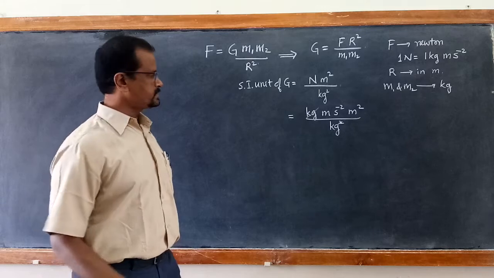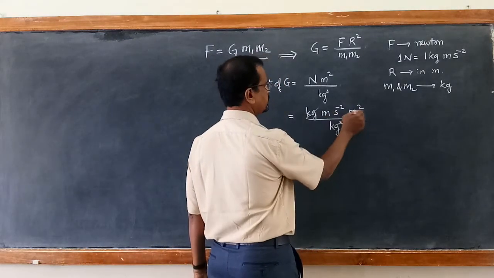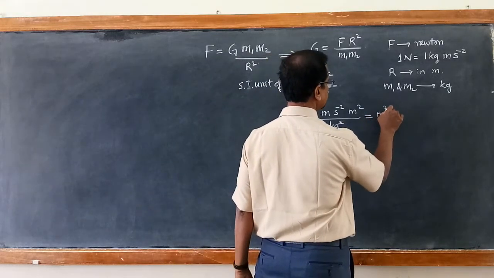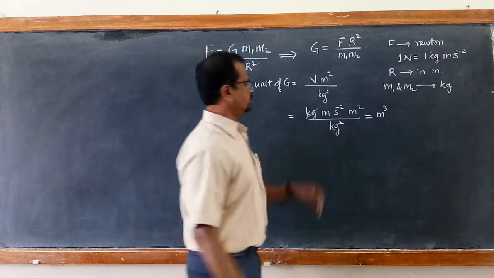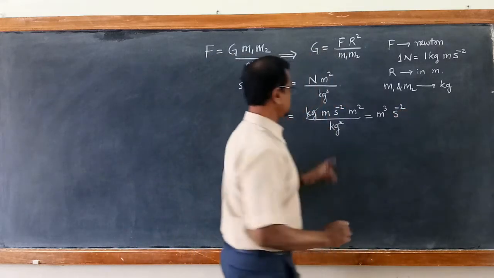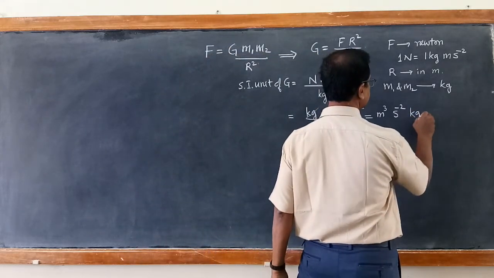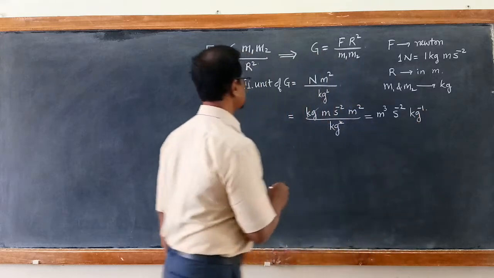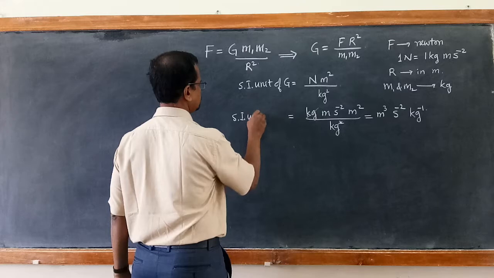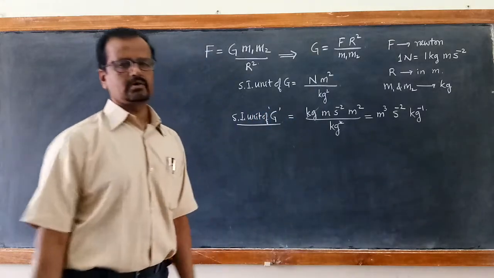Then you are left with meter into meter square, becoming meter cube, into per second square, and per kg. So this becomes the SI unit of gravitational constant G.